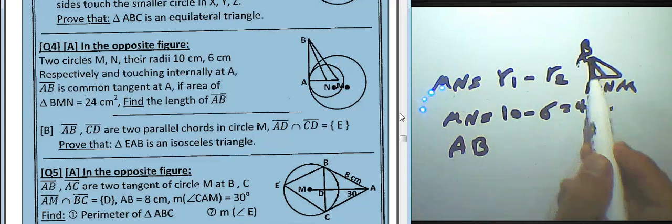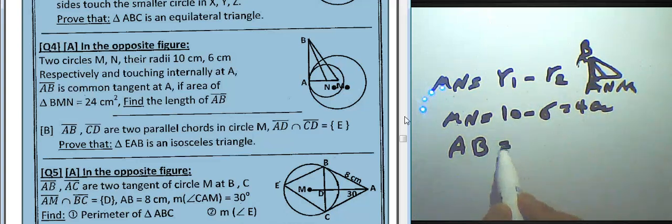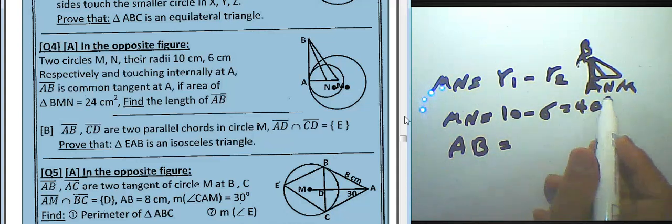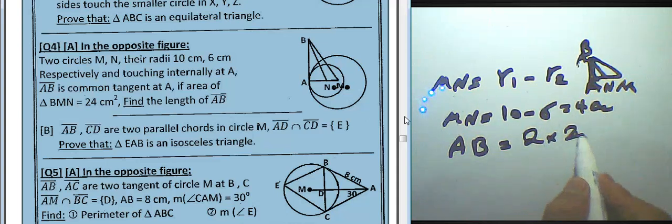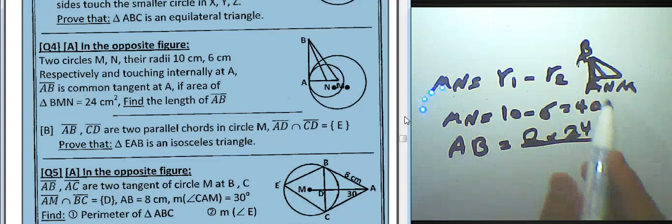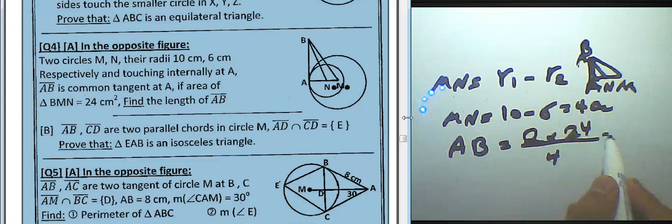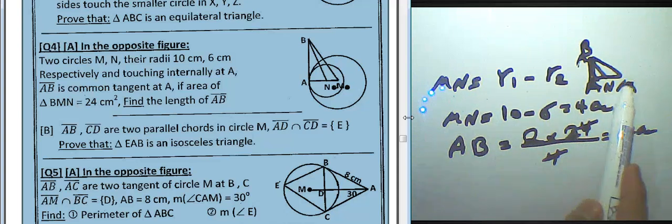To find the altitude of a triangle, you must find the area of the triangle, multiply by 2, and divide by the base. We get the base here as 4 centimeters. So AP will be 2 times the area of the triangle divided by the base 4. 24 divided by 4 equals 6. 2 times 6 equals 12. Right, 12 centimeters. Then AP equals 12 centimeters because AP is perpendicular to MN or MA.